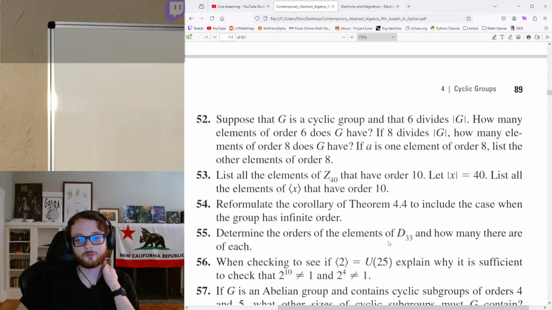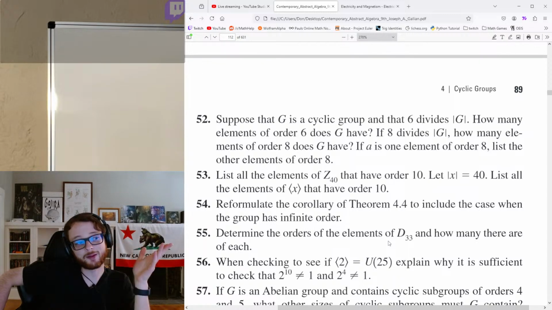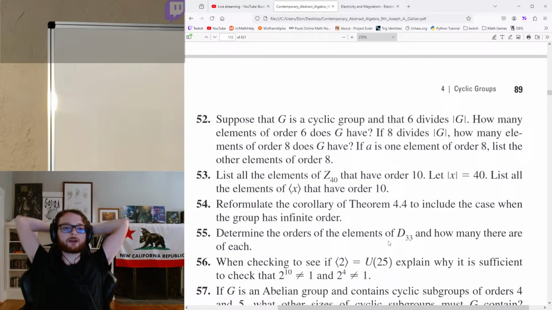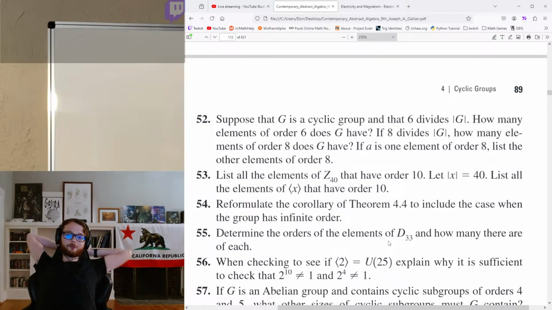Or is this x something completely... Oh, no. x is not a member of Z40. x is a member of an arbitrary group, I think. I think the same idea, though. x to the 4, x to the 12, x to the 28, x to the 36.